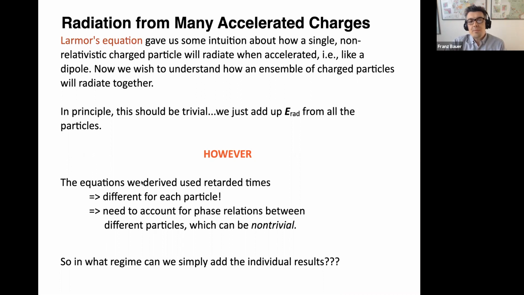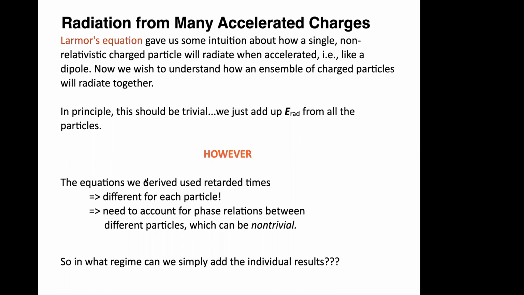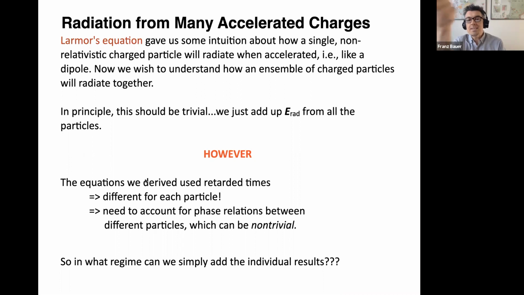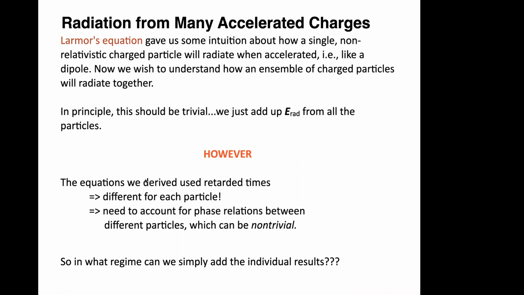One problem is that when we derived the previous equations, we were using delayed times, or retarded times, and these retarded times are potentially different for each particle in the ensemble, particularly depending on how far we are from it. If we're relatively close with respect to the size of the ensemble, we're going to see different delays from this side versus the back side.